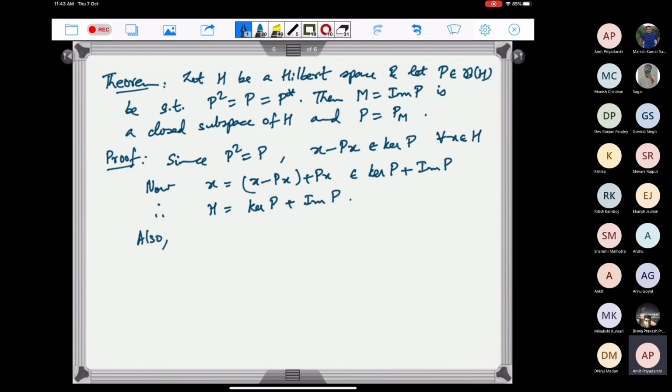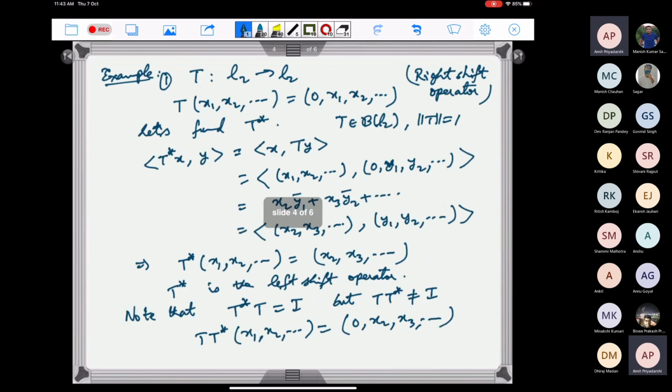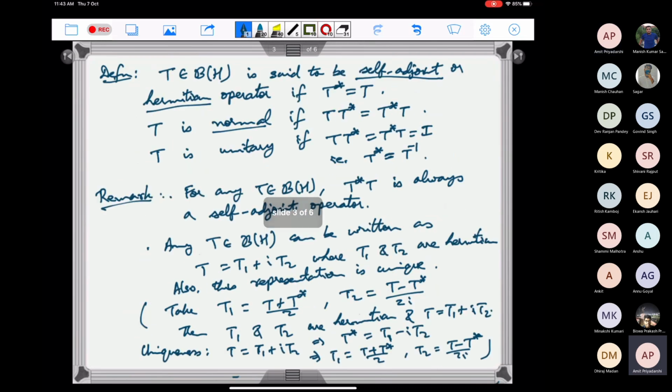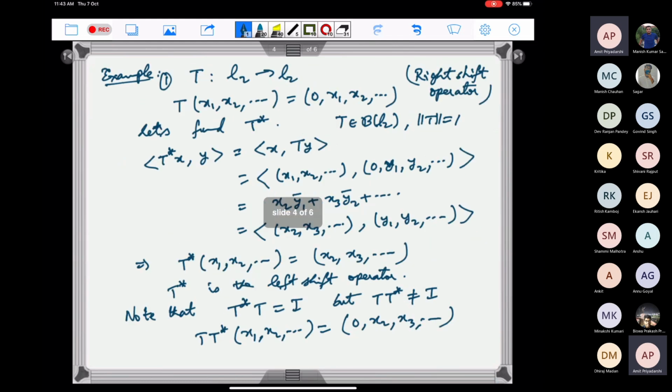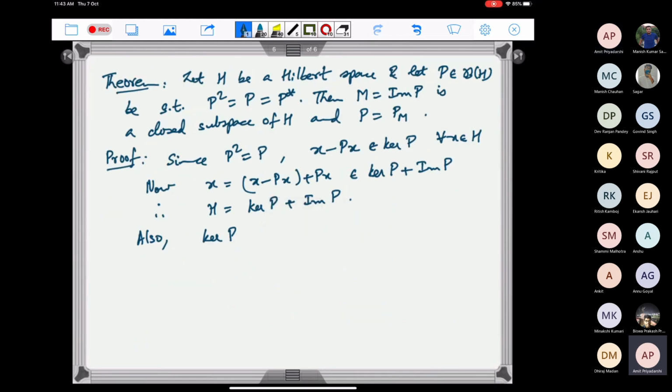Also, we have seen before that for any operator, kernel of T is equal to image of T star orthogonal complement. So if we apply to this P, kernel of P is equal to image of P star orthogonal complement.